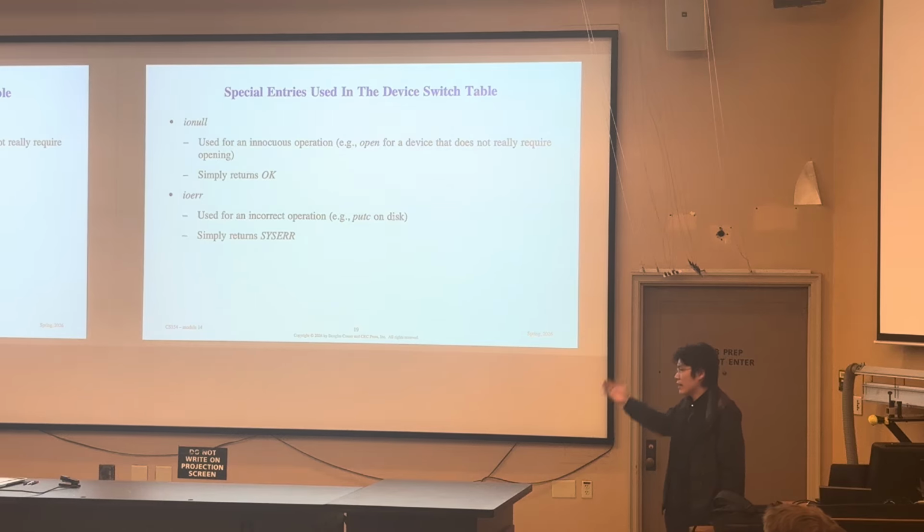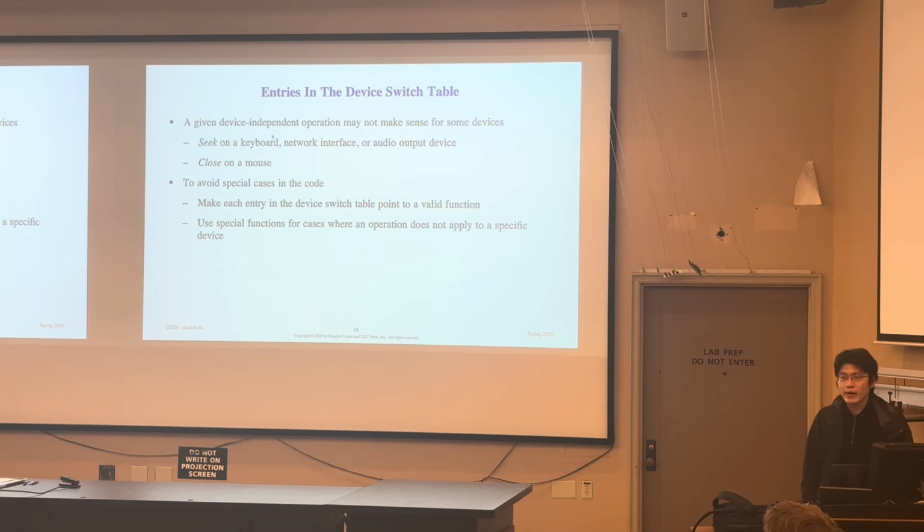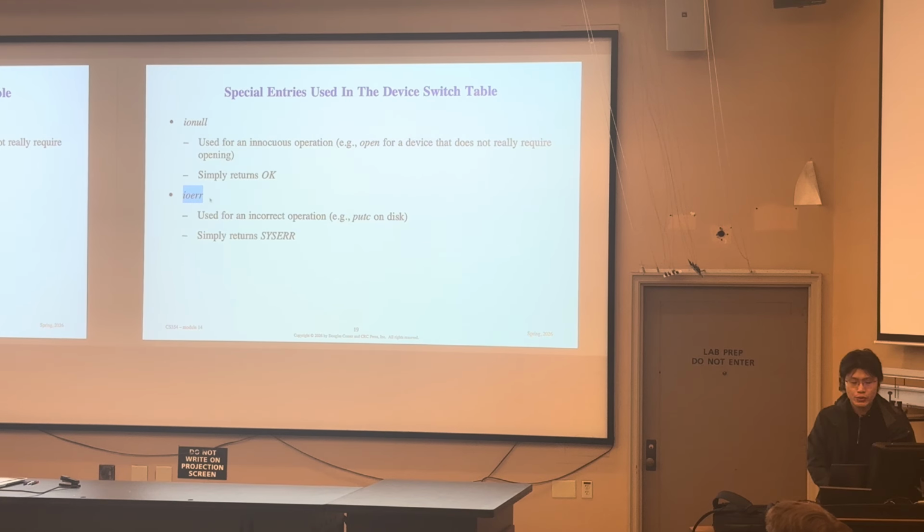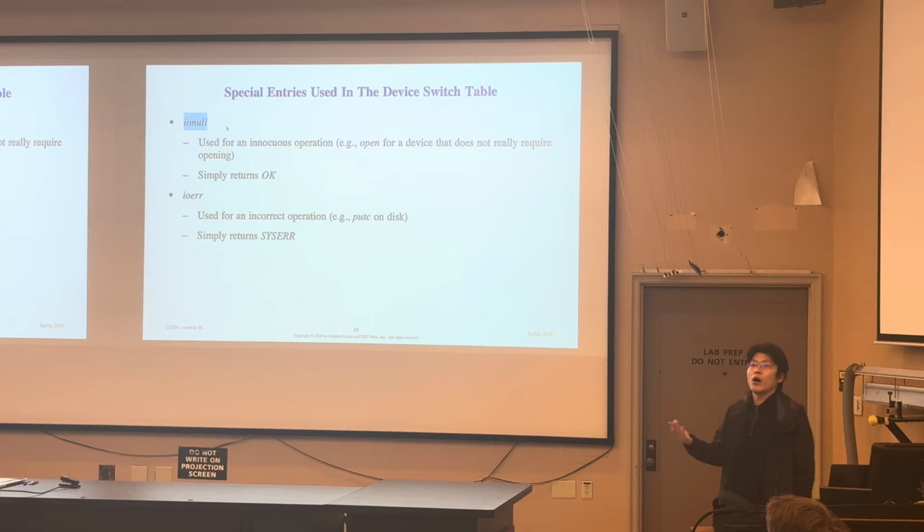If you invoke these operations, they should point you to this function, IO error, and return an error. IO null just means this is equivalent to a no-op for this device, so it simply returns OK, succeed.